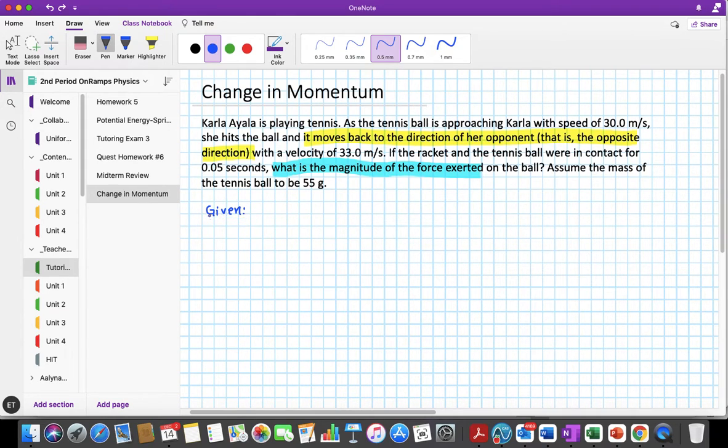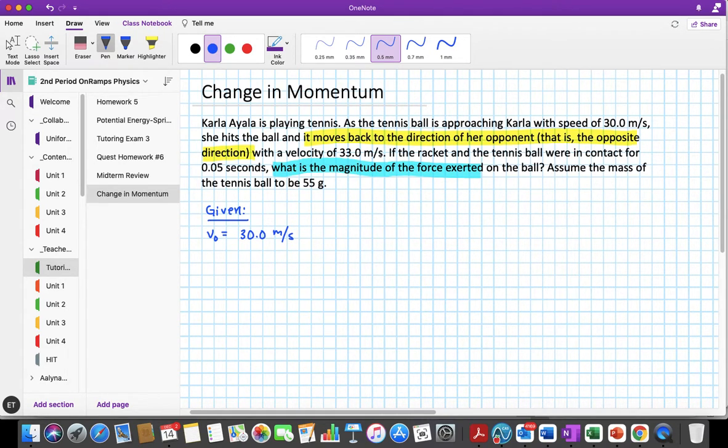So we're going to have a speed. Now we're going to call this velocity initial, so V naught, 30 meters per second. There you go.